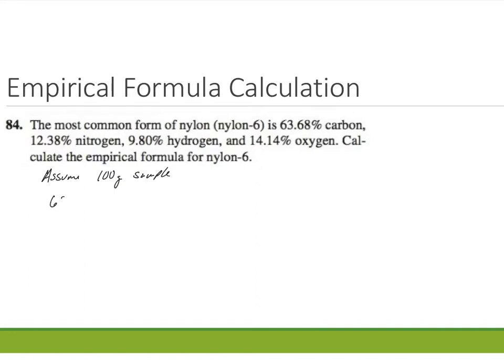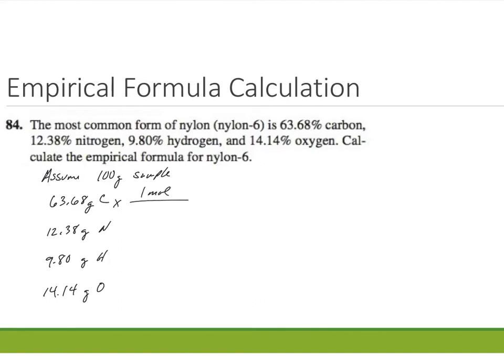So 63.68 grams is carbon, 12.38 grams is nitrogen, 9.80 grams is hydrogen, and 14.14 grams is oxygen. Now we're going to convert each of these masses into moles using the molar mass of each of the elements.